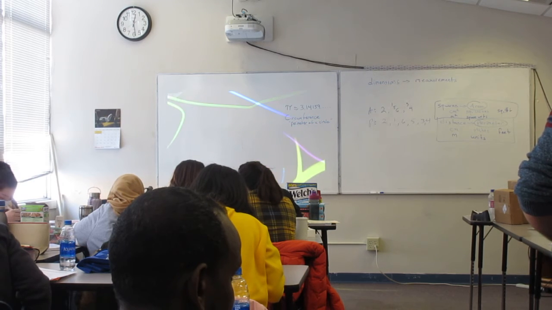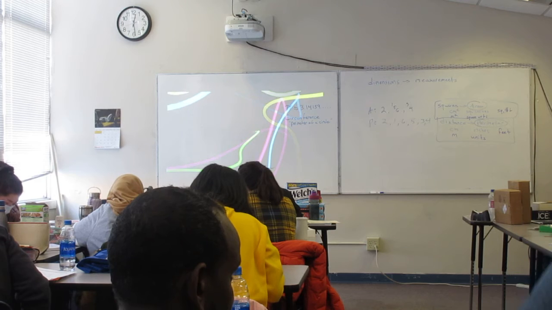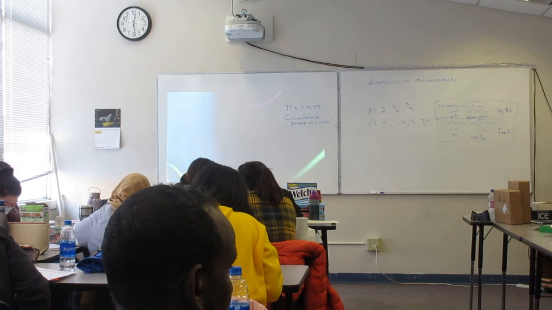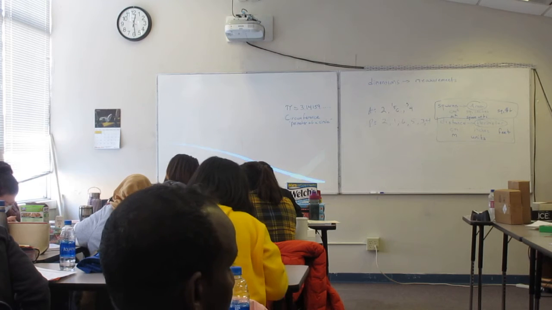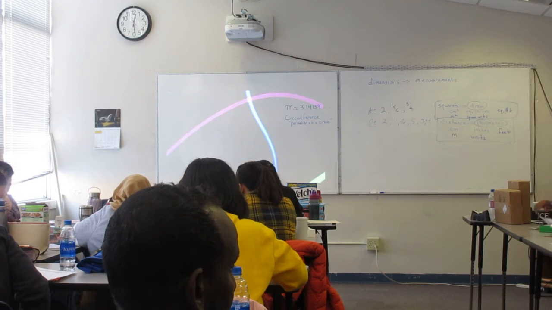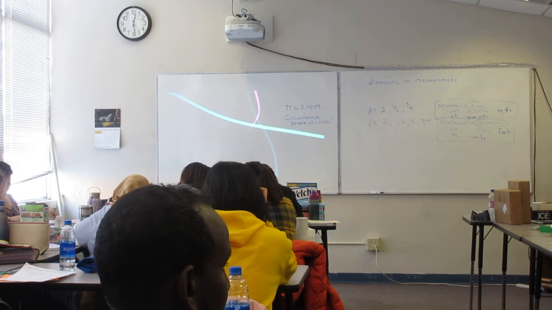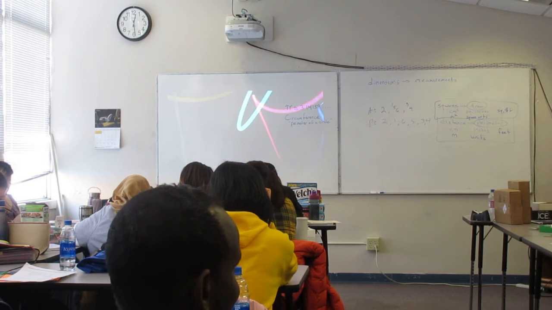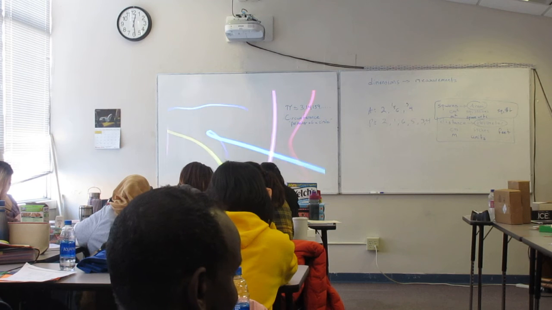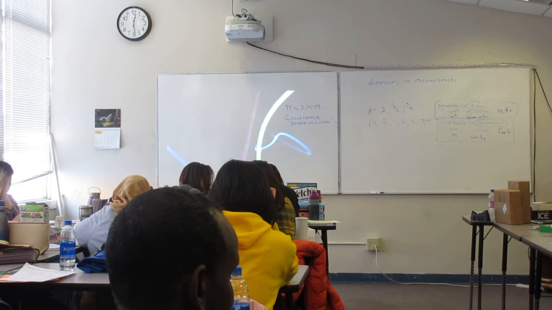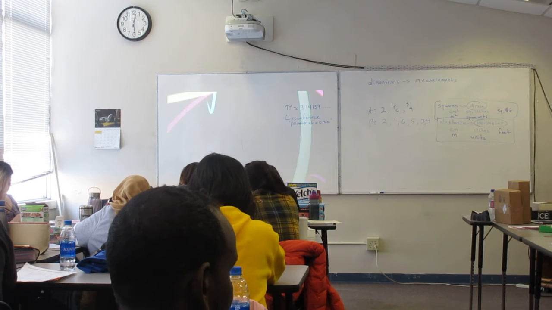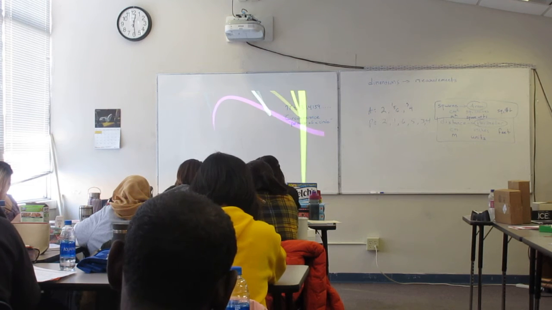And what do I do next? 31.4. So you're trying to find the perimeter of the heart, right? This is the perimeter of the circle only. But what else do you need to go around the heart?